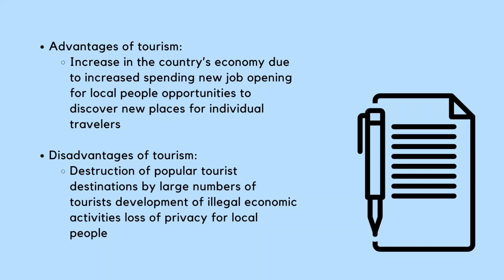The points are increase in country's economy due to increased spending. The next one is new job openings for local people. Then opportunities to discover new places for individual travelers. These are enough points to explain the advantages. Also, remember that you can always add more points as per your requirement.